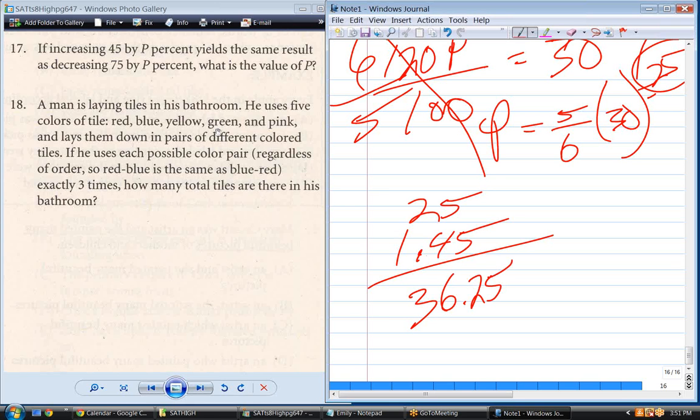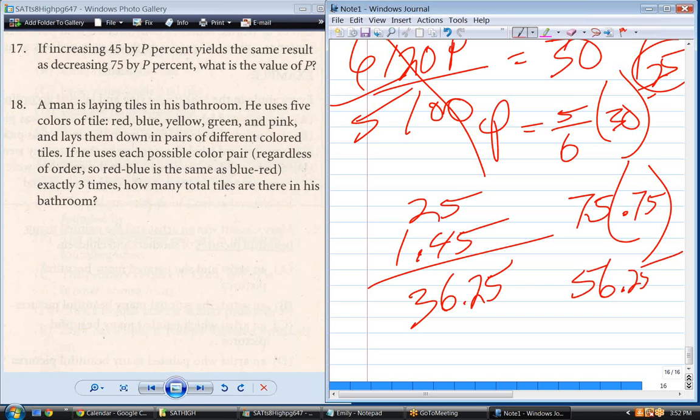And P was 25, so we're going to decrease 75. We're going to multiply 75 by 0.75. 56.25. It's not the right answer, is it?